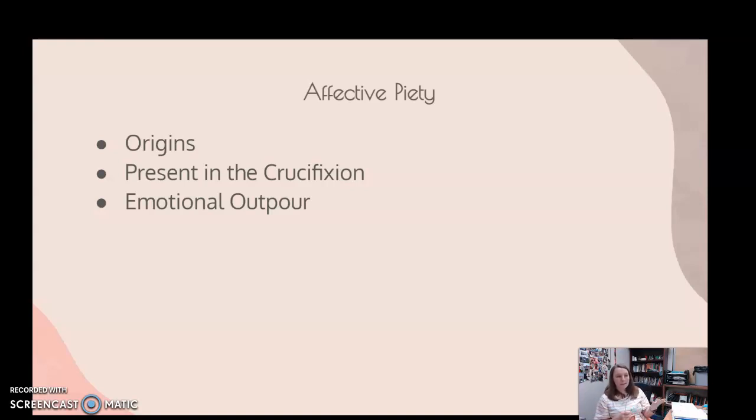So that is a downfall of this, is that yes, they're experiencing emotion related to religion better, but it also led to some hatred in other realms as well. So as we're reading and you see these emotional outpourings, just remember that there's good, there's bad.